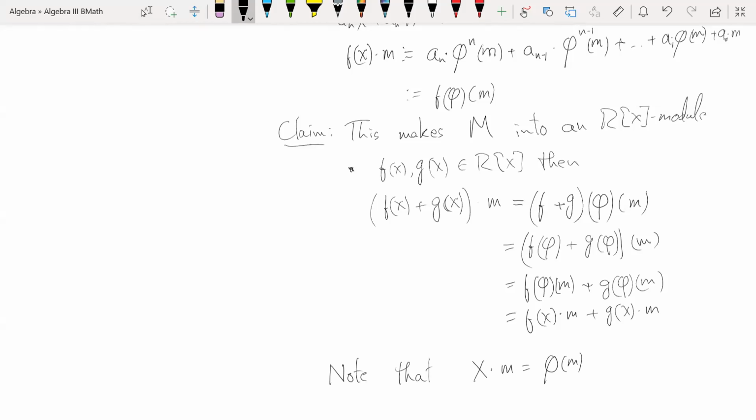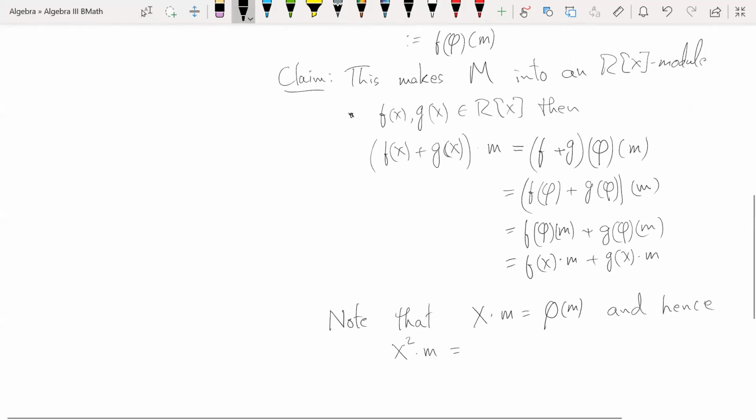Hence x squared dot m is what? This is x dot (x dot m) by definition of R[x]-module, which is x dot phi(m).